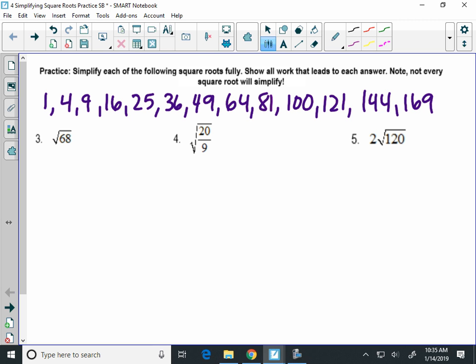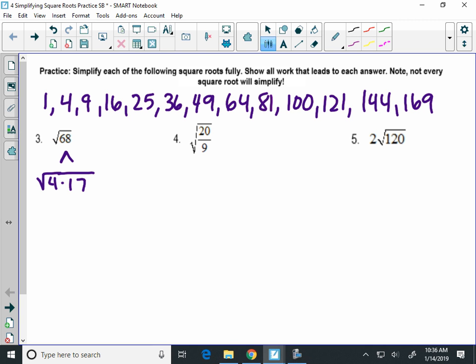So when I look at the square root of 68, remember I want to start by rewriting that square root as the product of 2 other square roots. My goal is to find a perfect square from this list that multiplies into 68. I want to find the biggest one. So here, I actually know that the square root of 4 times 17 equals 68.